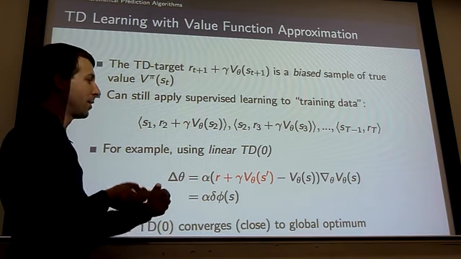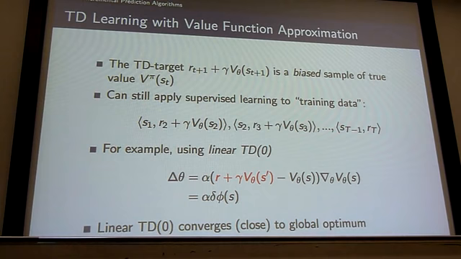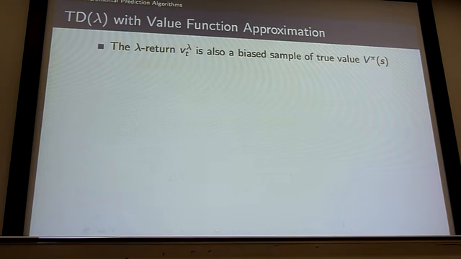It converges within some reasonably tight bounds of the global optimum. And there's a sense in which it is finding the optimum in terms of the Bellman equation and theta. So with linear function approximation, this is a sound algorithm.